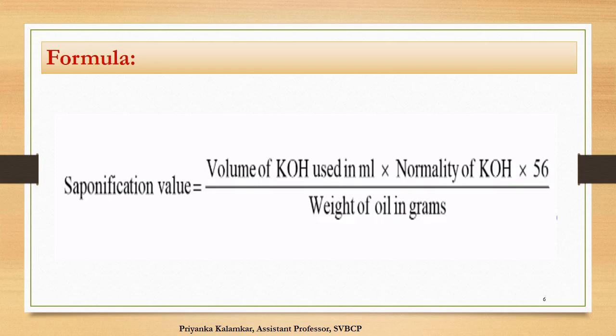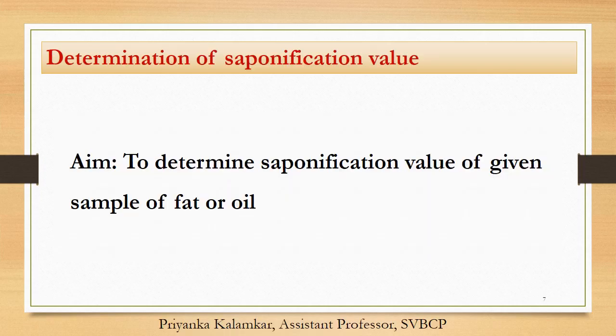So you have to see in the procedure what amount of sample you are taking and substitute it in this formula, making sure that you write it in grams. So this is the formula for saponification value: volume of KOH used into normality into 56 divided by weight in grams.